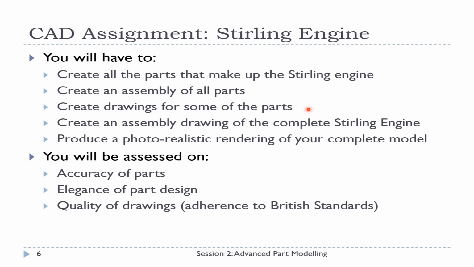There are 5 key components listed in the assignment brief. Those components are also included in your own flywheel design. Then you'll create an assembly drawing of the complete assembly model and produce a photorealistic rendering of your complete model.